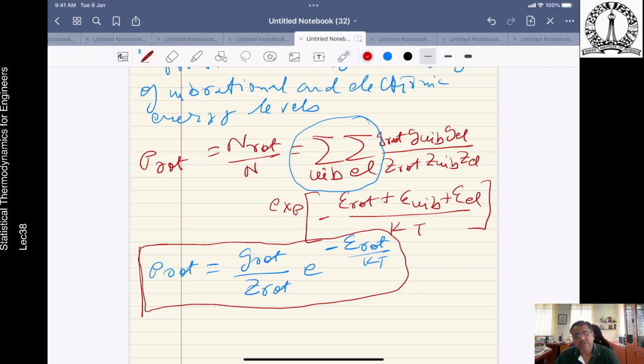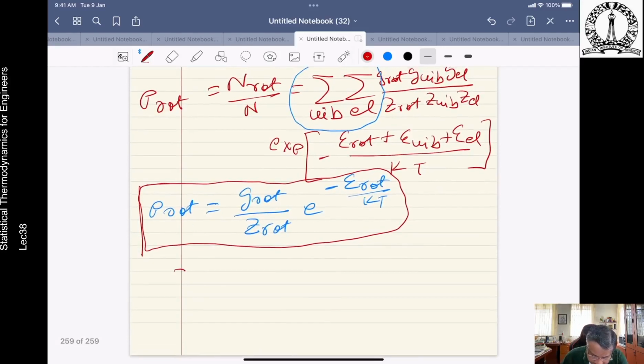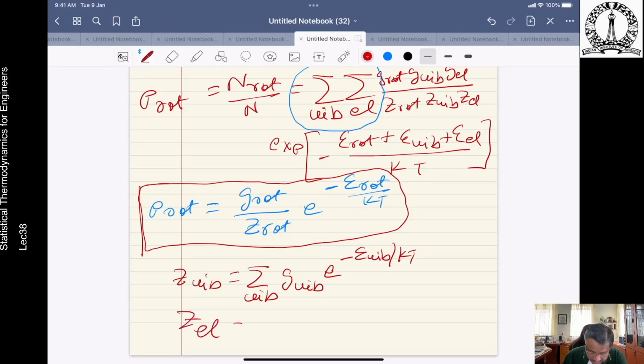Z vib is the summation over all the vibrational energy levels, and Z electronic is the summation over all electronic energy levels, exponential minus E el by kT.